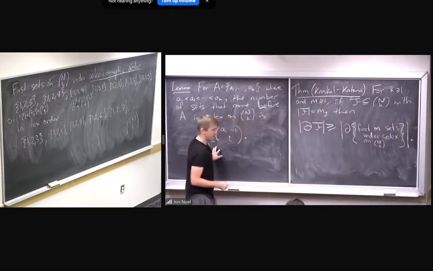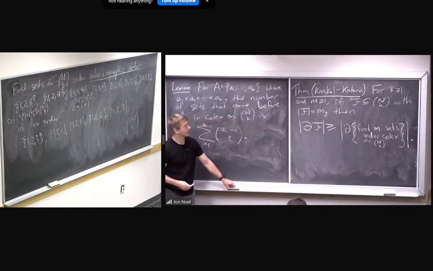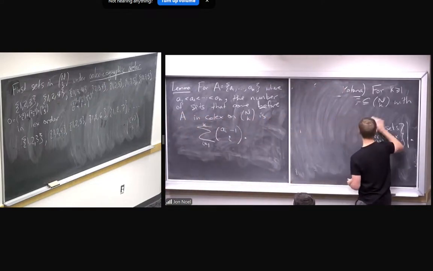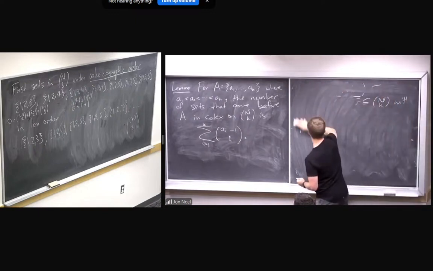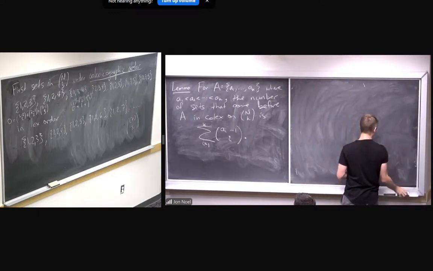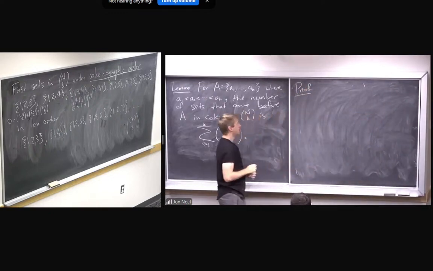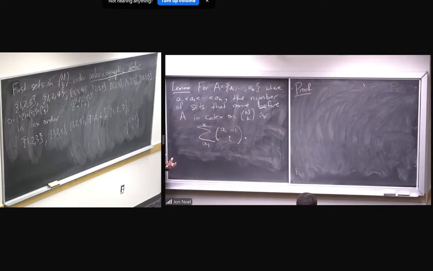Yeah, so the proof of this lemma is just a bit of counting. We just have to think of what are all the ways that a set could come before A. Basically, that's saying, how many of the large elements do those two sets agree on?